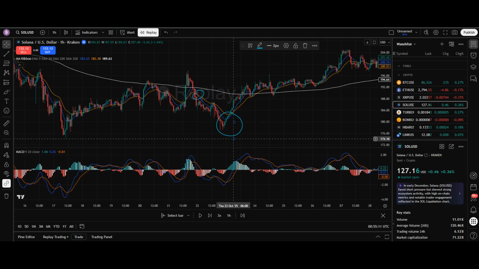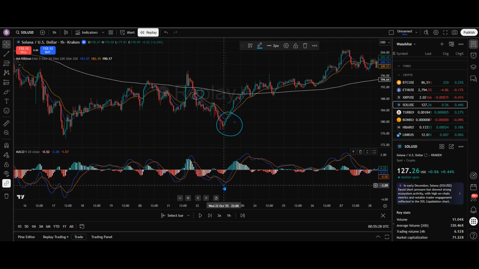So let's look at what happened on the MACD during this price action. We see the curve and we see the crossover, same thing. Only thing is that the MACD gives you an earlier indication. You see the 9-day is just crossing over the 20-day on the MACD at this range right here, not here.